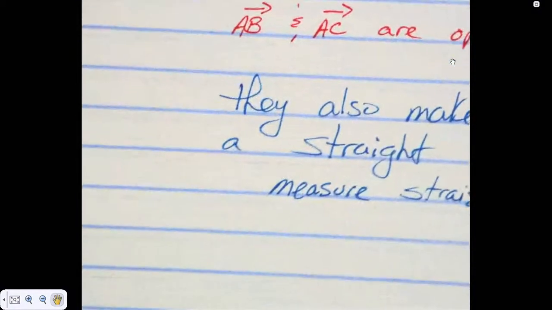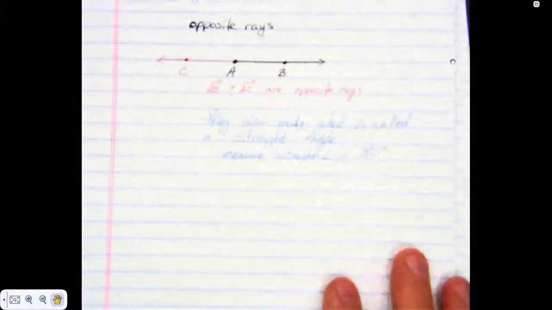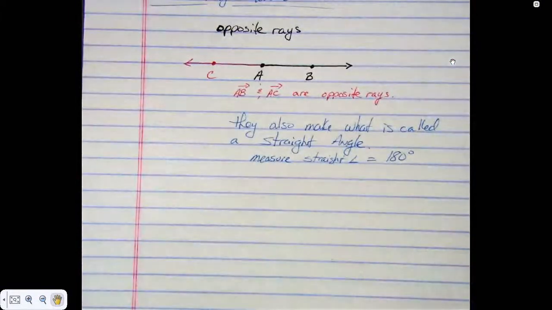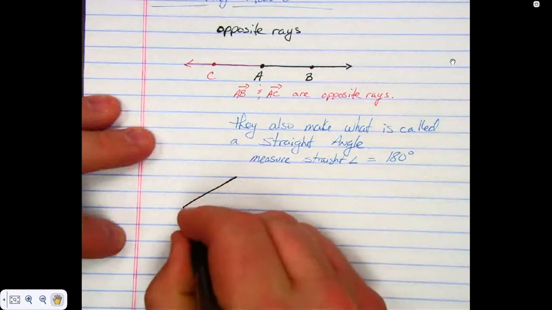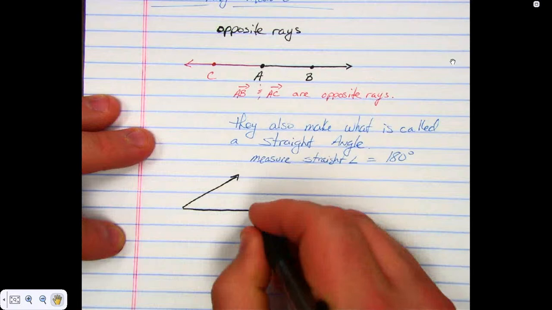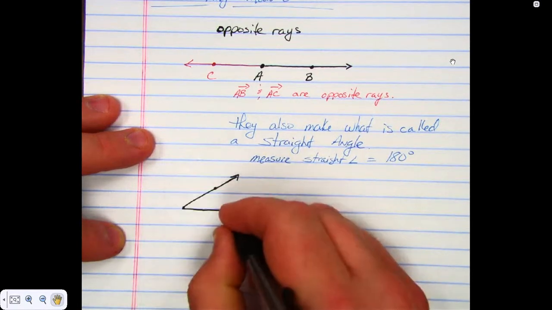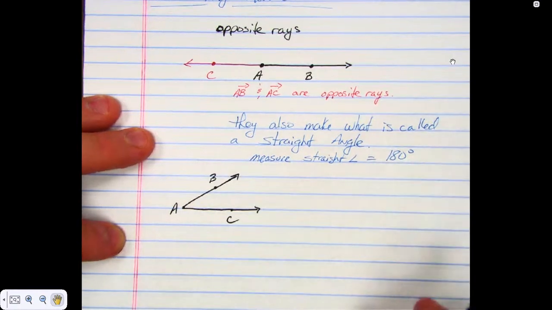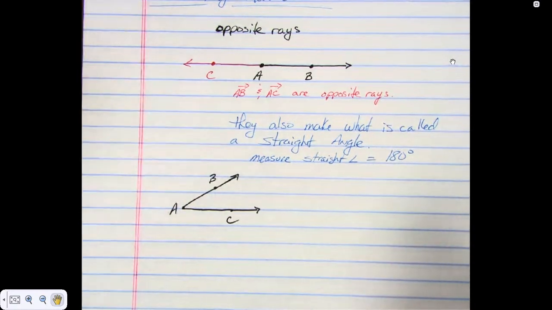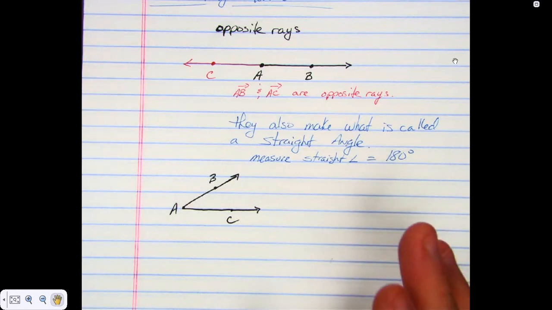Now, with that in mind, we need to figure out how we write angles. The angle sign above. First, let's draw a picture of an angle. If you were trying to point out to me and say, hey, I want to talk about that angle right there, how do you think you could describe it to me?